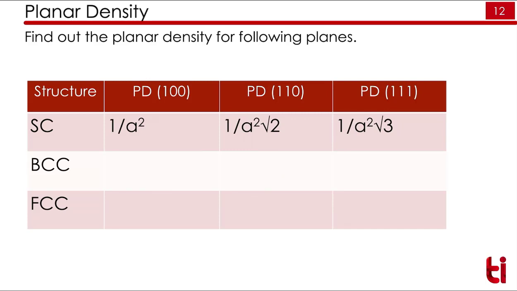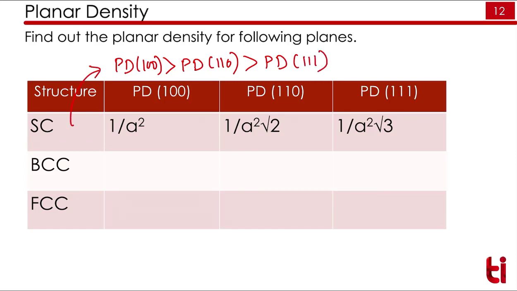You can observe one thing: the planar density of simple cubic 100 is greater than that of the 110 plane, which is greater than that of the 111 plane. This is true for simple cubic. It means that the 100 plane of simple cubic has more density compared to the other planes.